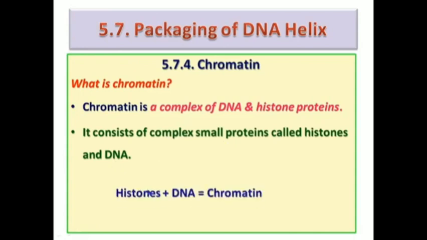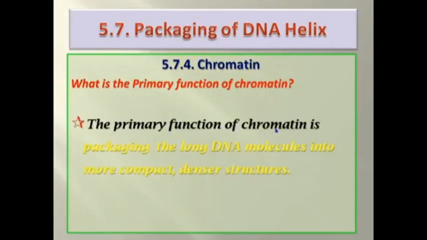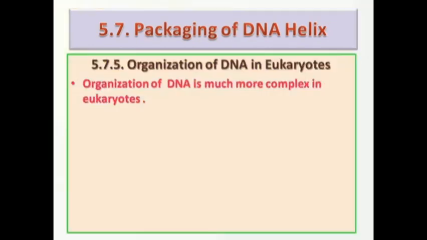So histones and DNA combine together to form chromatin. What is the primary function of chromatin? The primary function of chromatin is packaging the long DNA molecule into more compact, denser structures.